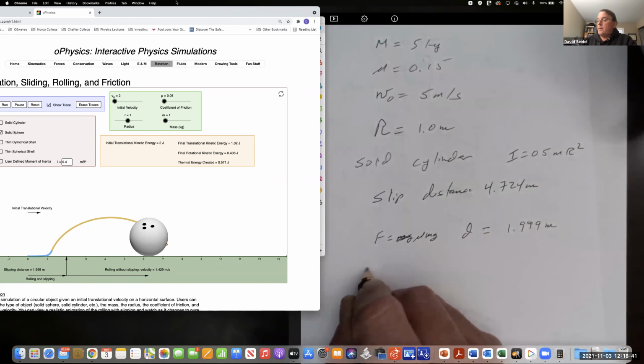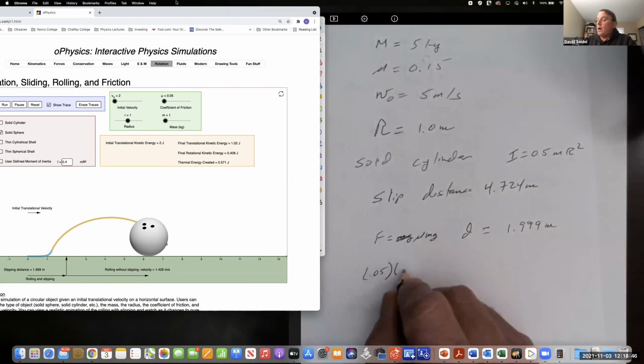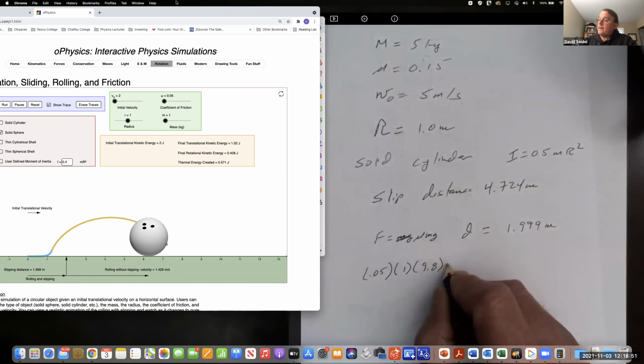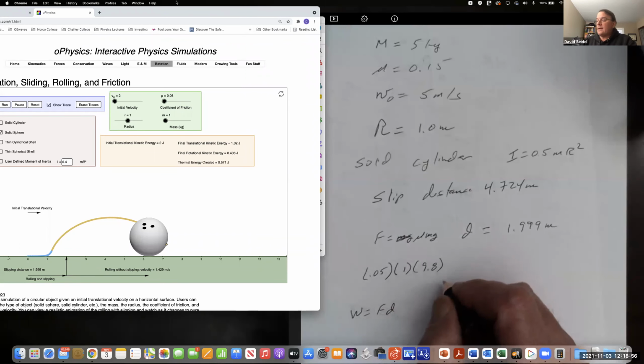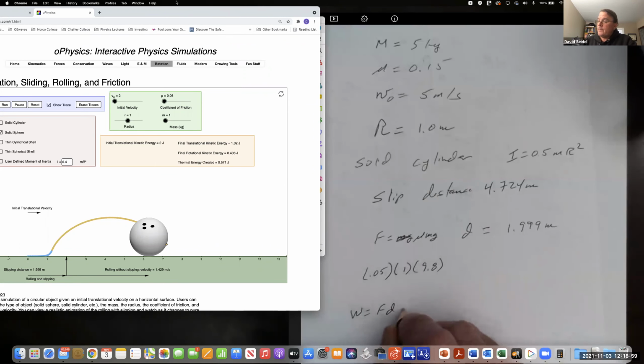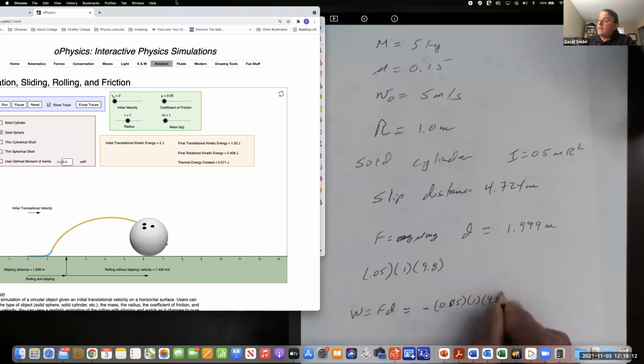Mu was 0.05, mass was 1, g is 9.8. Work is equal to F times D. It's negative, of course, since our force was in the negative direction and our D is in the positive direction, which is equal to minus 0.05 times 1 times 9.8 times 1.999.